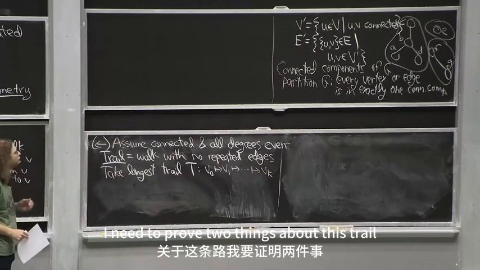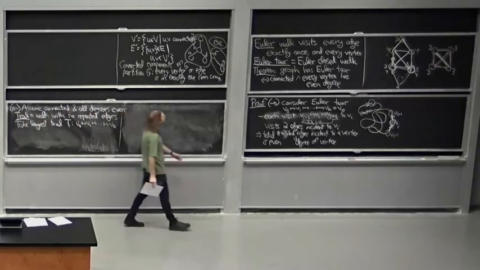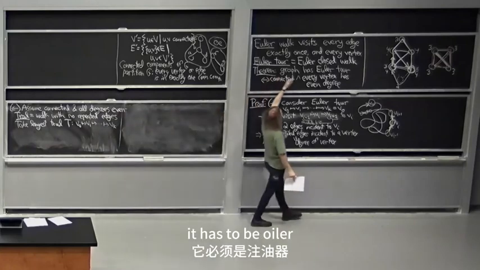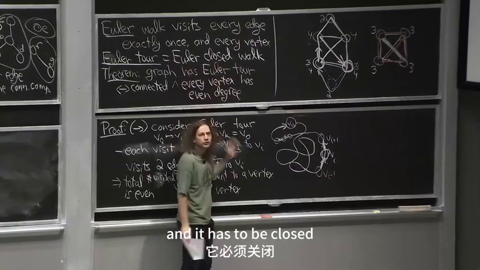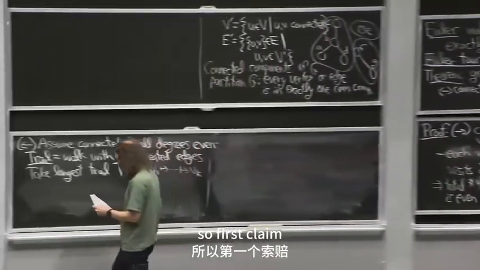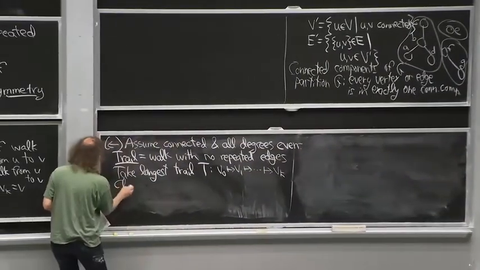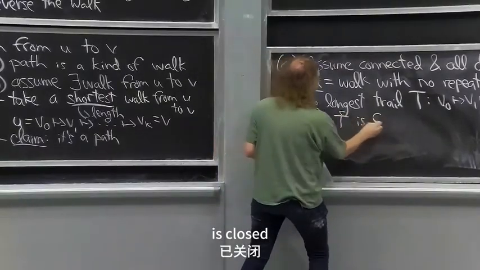OK, I need to prove two things about this trail. In order to be an Euler tour, it has to visit every edge exactly once, and it has to be closed. Turns out it's helpful to prove closed first. So first claim is that this trail T is closed.